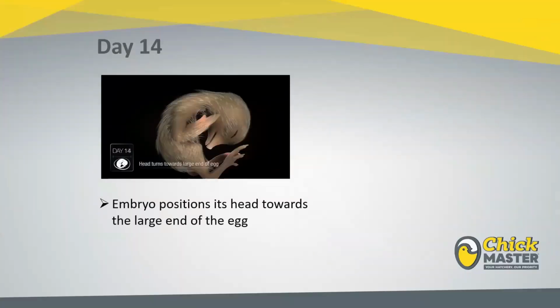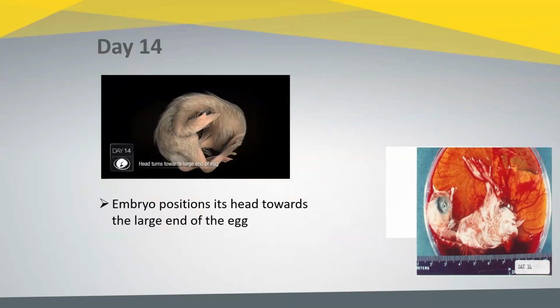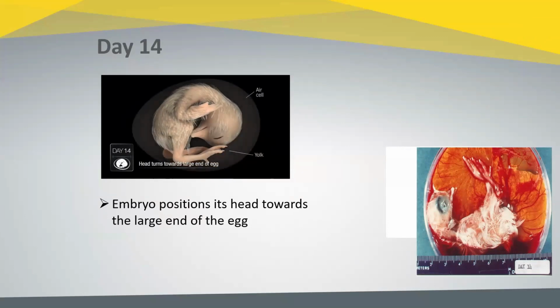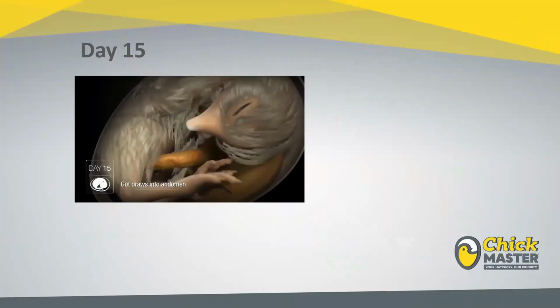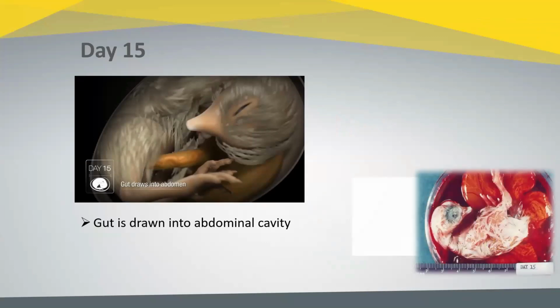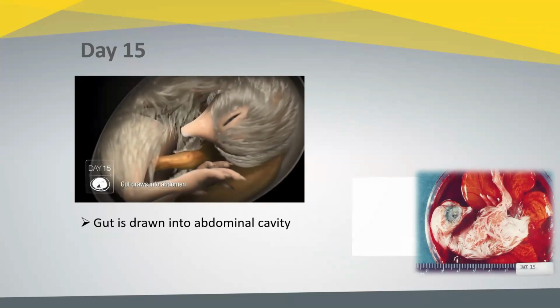By day 14, the embryo positions its head more towards the large end of the egg. Day 15, the embryo will begin to draw the gut into the abdomen cavity, and therefore there'll be less exposure of that, which kind of gives you a little bit of an identifying mark to make that determination that it's now into late stage.